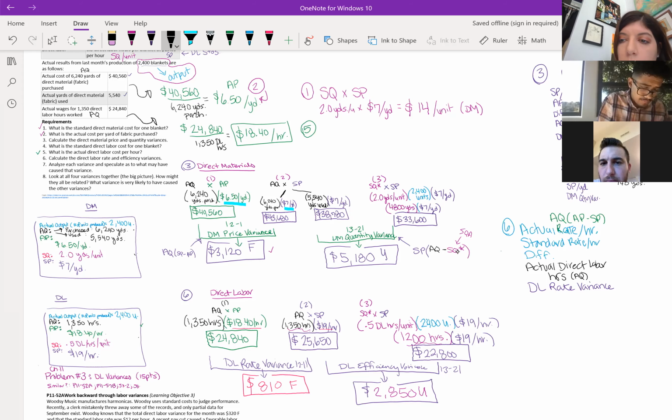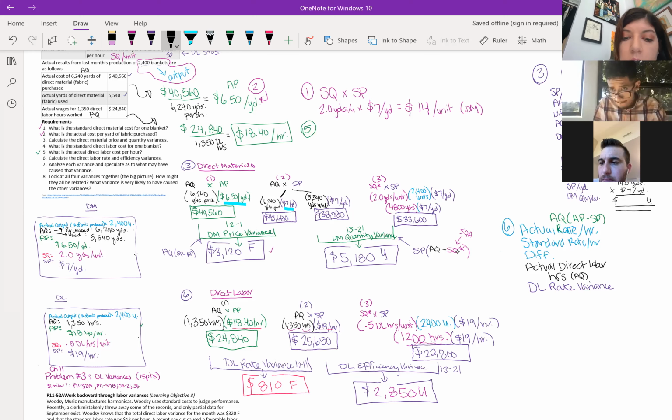Right? You used more yards than you should have at the standard price, which was $7 per yard. So your direct materials quantity variance is 5,180 unfavorable, because you used more yards than you should have.